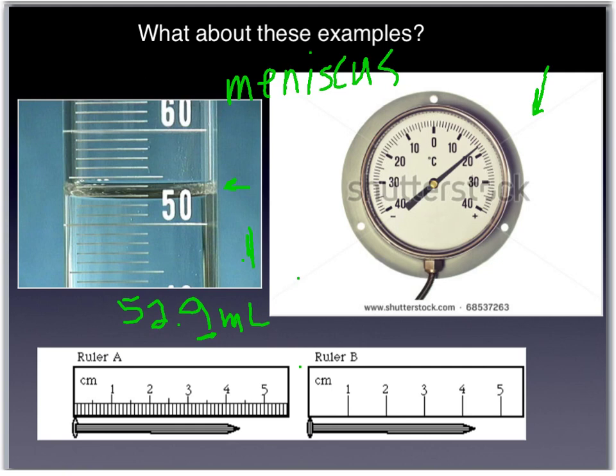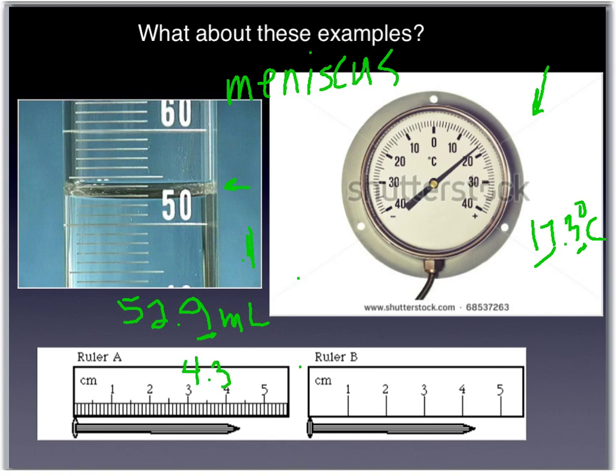Over here at this thermometer, that appears to be about 17.0, I don't know, 3 maybe. It's hard to say. I'm not really sure about the 3. I know it's at least 17. Down here, these 2 nails, the first ruler has a lot more graduations than ruler B. So in ruler A, I would say that nail looks to be about 4.3, and not quite 4.4, I don't think.